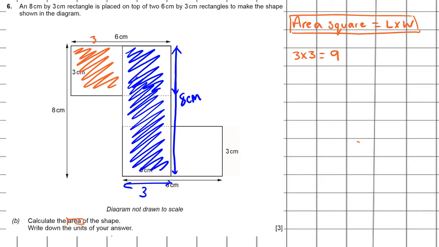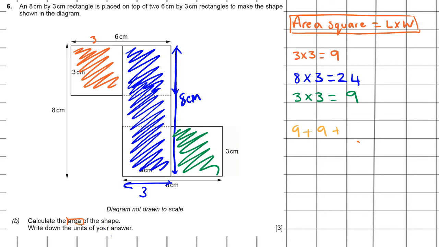Therefore, using our formula, length times width, 24. Then there's this little part now again, which is the same as the orange. 3 times 3 gives us 9. So add them all up. 9 plus 9 plus 24 gives us 42.